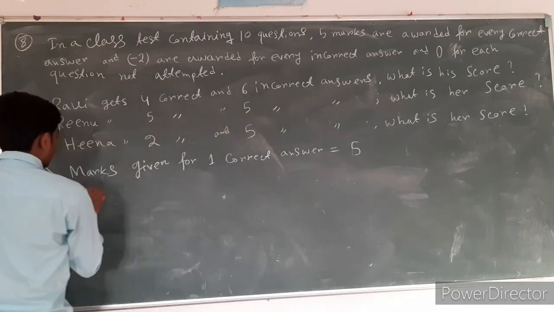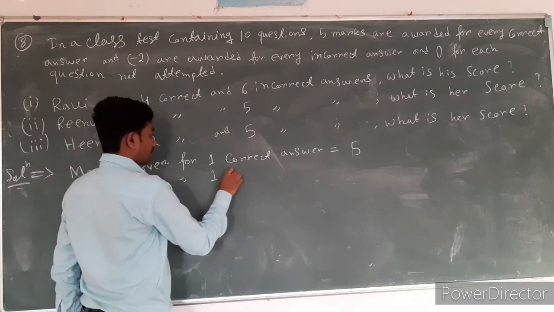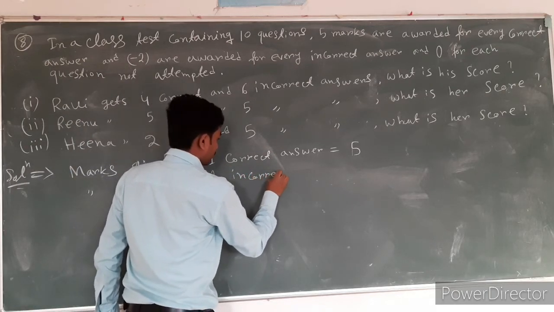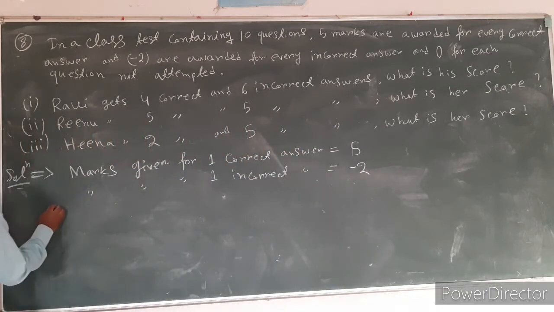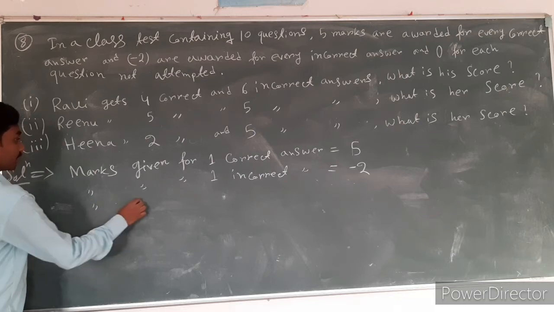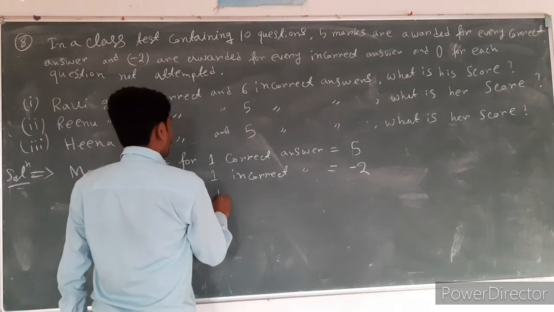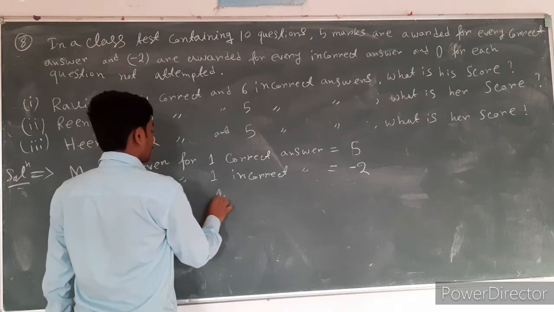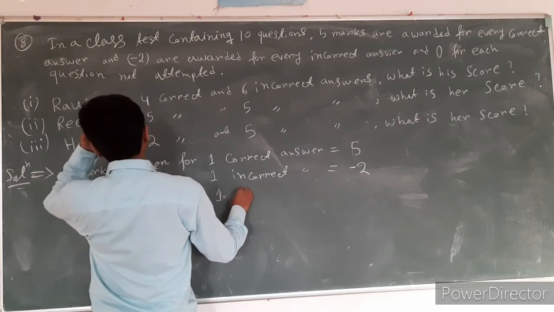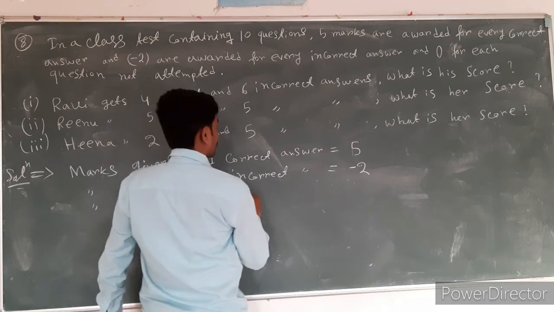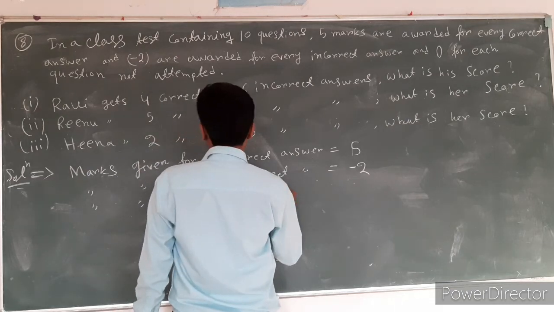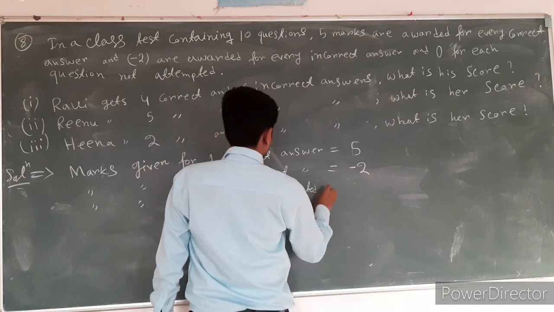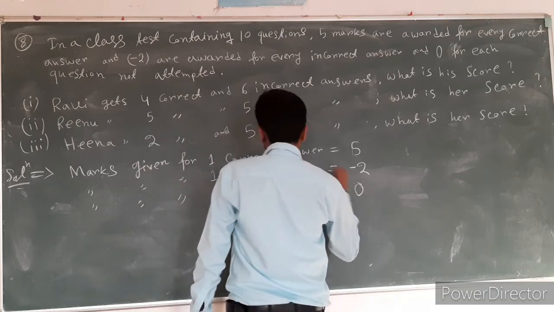Marks given for one incorrect answer is minus 2, and marks given for one not attended question is equal to 0.